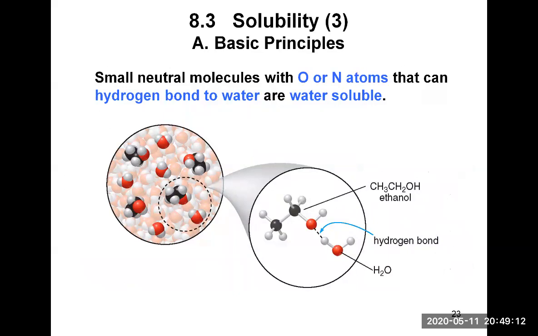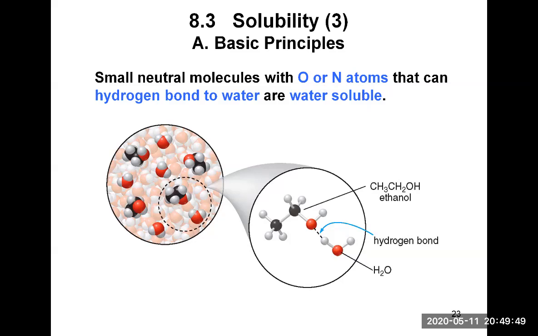Small neutral molecules that contain oxygen or nitrogen are also typically soluble in water, especially if they can hydrogen bond to water, which means if they can form a hydrogen bond with the hydrogens of the molecules of water. The illustration here is showing ethanol, a small neutral molecule that has an OH bond. These CO and OH bonds are polar.